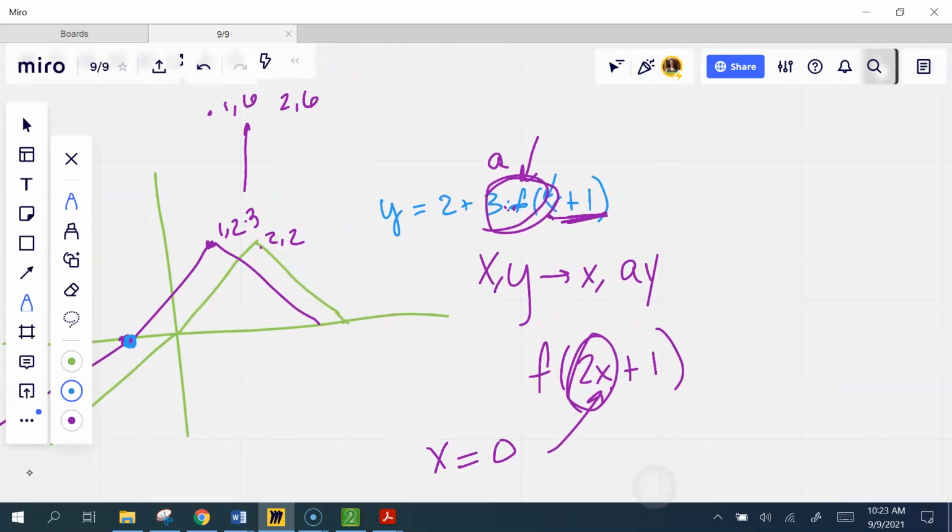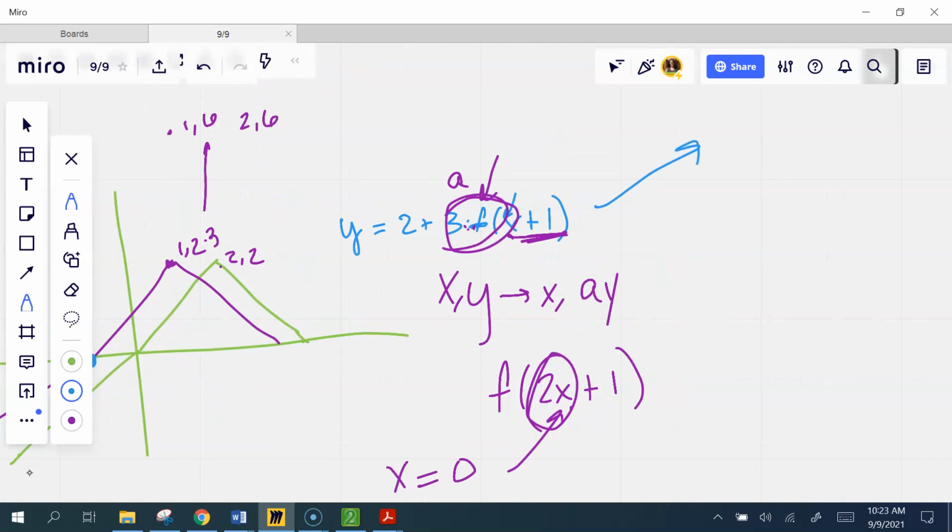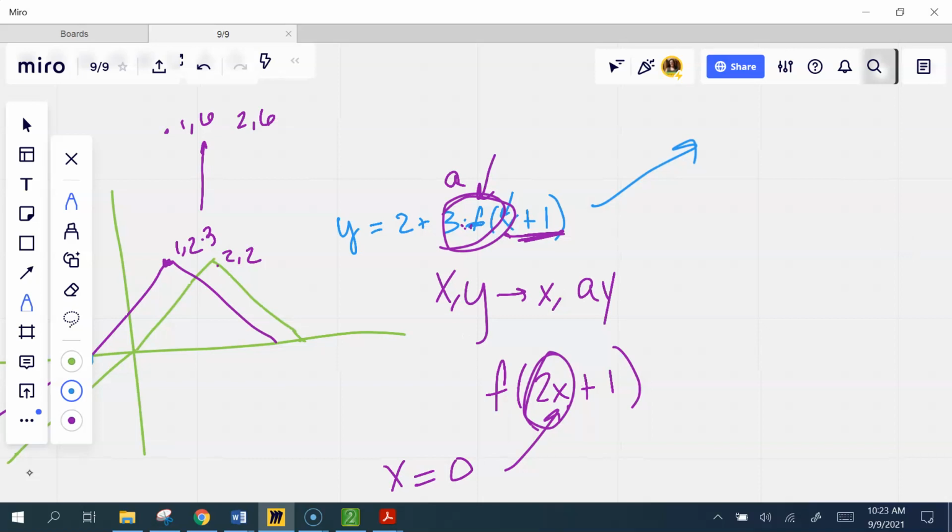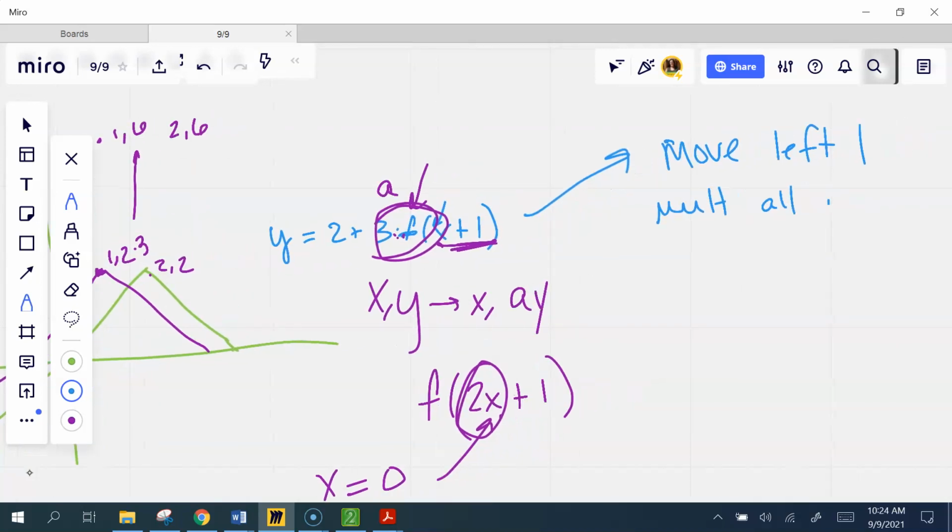And then I still have to go, yes. So the process on this one would be move left 1 unit, right? Multiply all y's by 3, and then move up 2.